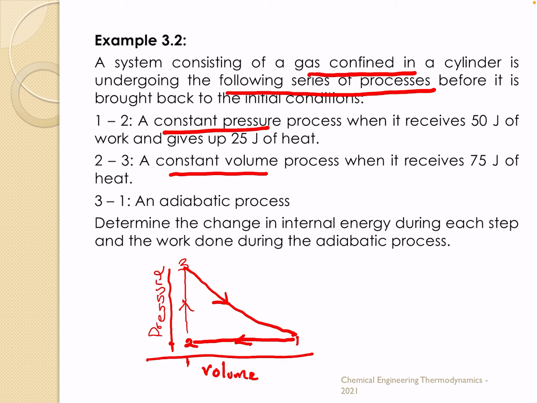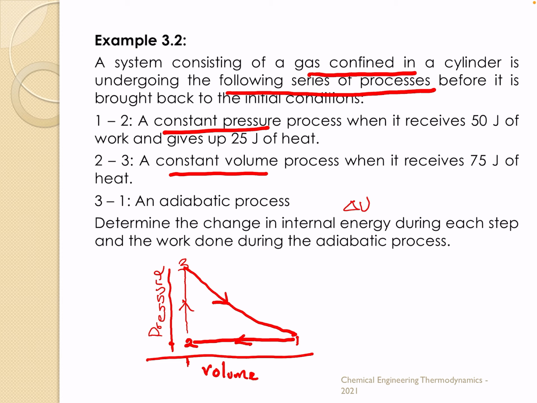So let's move on. Please take note of the different values we've been given. So we know the value of the work done. We know the value of heat, Q. The question is to determine the change in internal energy. So we are looking for change in U during each step.